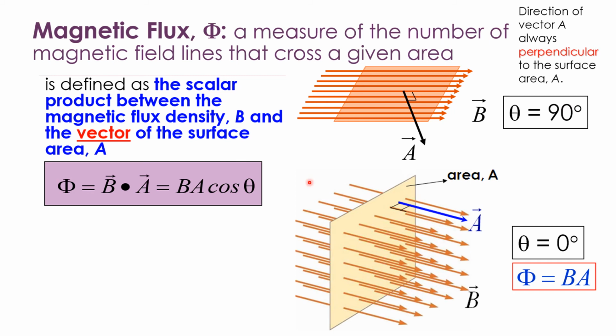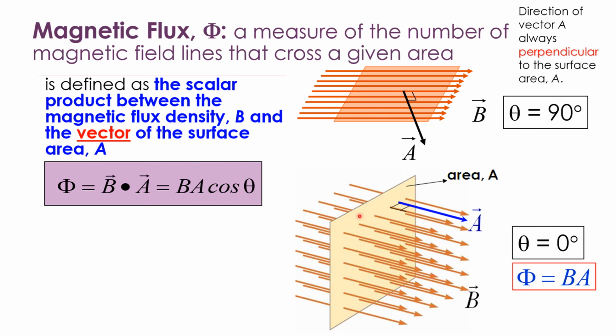One thing you should know is that the direction of vector area A is always perpendicular to the surface of the area. So we have this surface area of this plane, and its vector area is always perpendicular, or normal, to the surface.